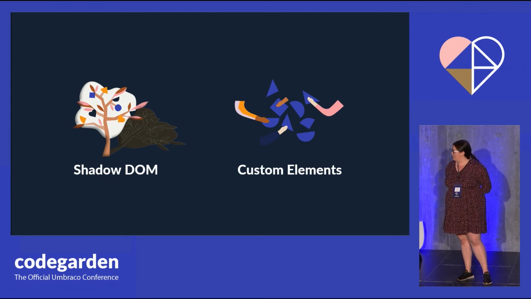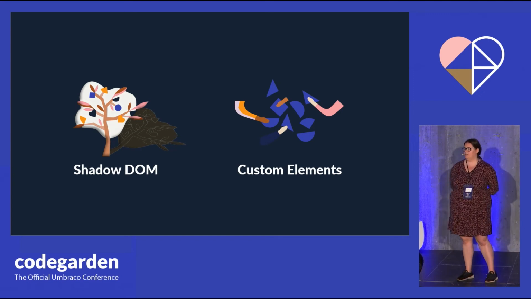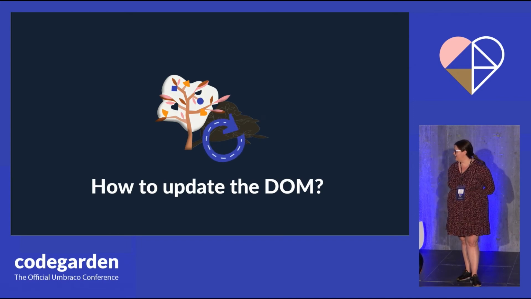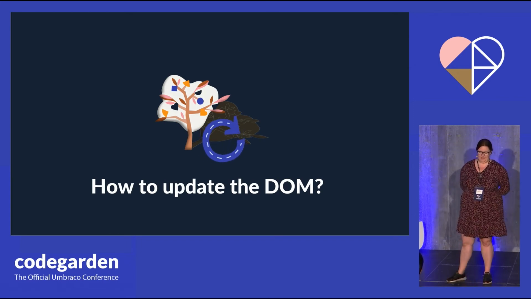So these are the two APIs that make it possible to create these reusable HTML custom elements with some logic and styles encapsulated in there. But these two APIs do not solve one big problem, which is how to update the DOM.